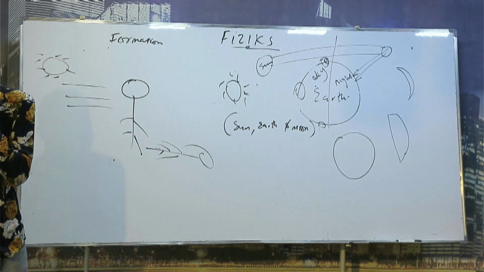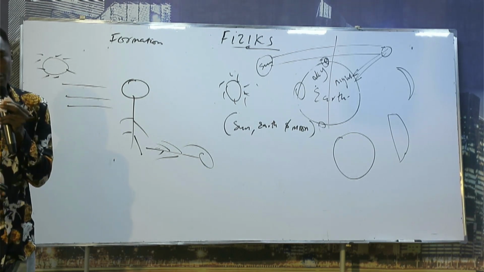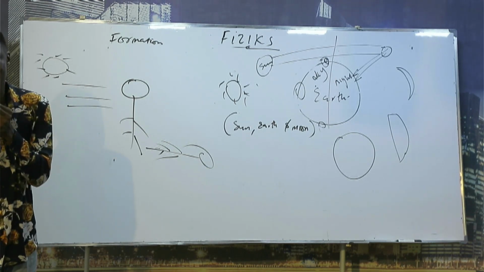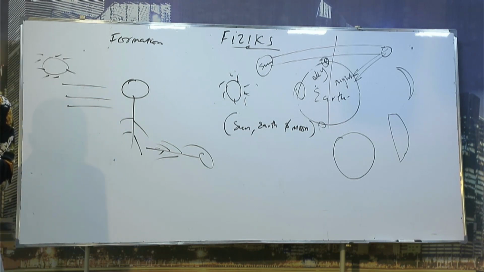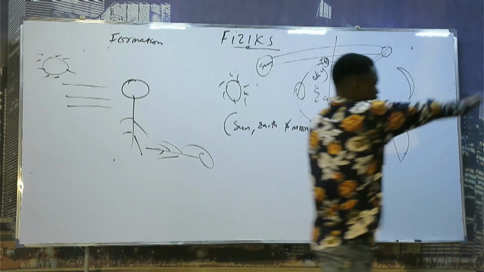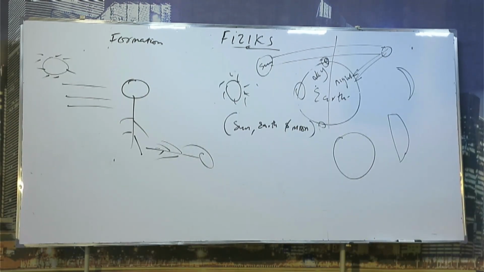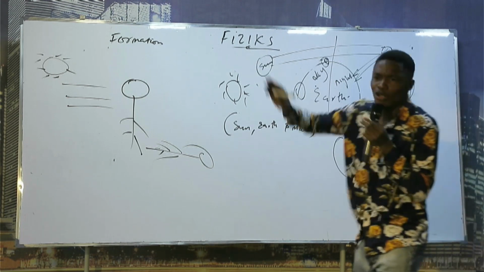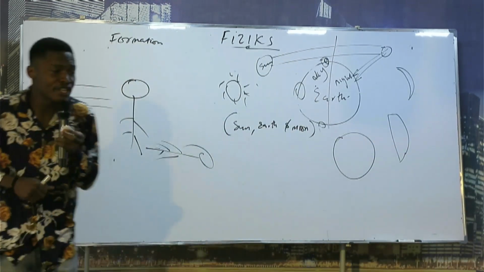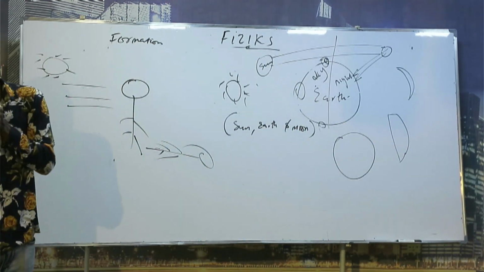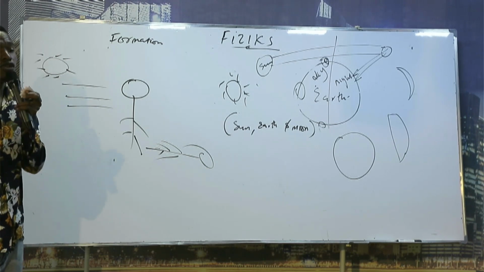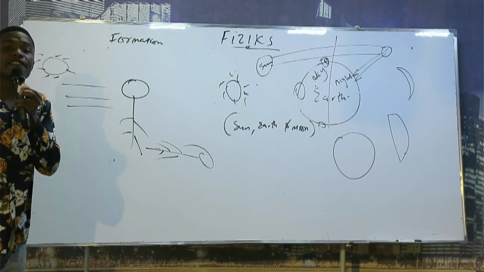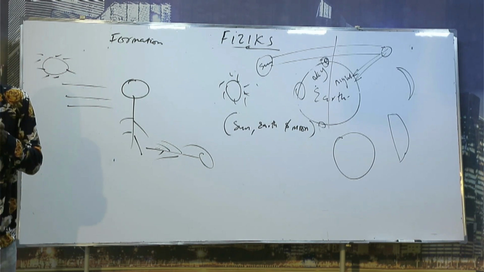As I'm coming closer to the light source, the shorter my shadow. Try it out when you get home tonight. Have you ever observed that before? Good. The same thing will happen if I keep you in one place and move the light source. If I move the light source closer to you, your shadow will become shorter. If I move it further away from you, it will become what?